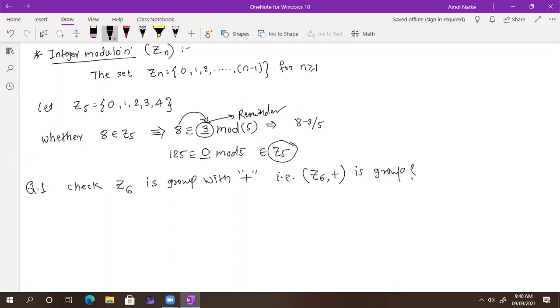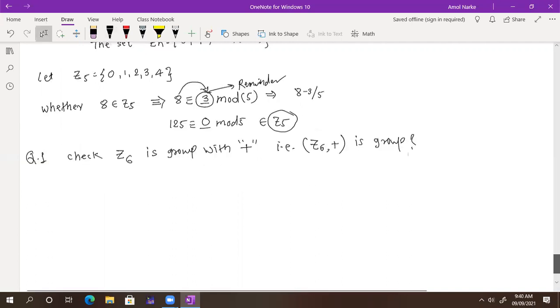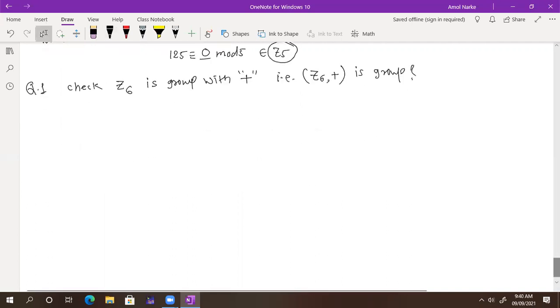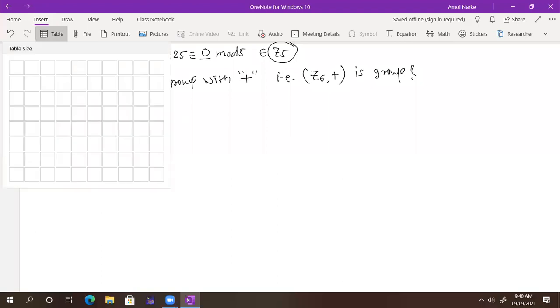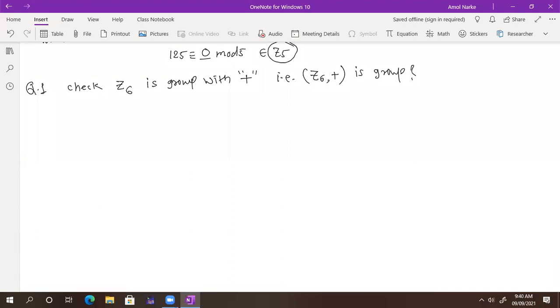Tell me how we can find out whether a finite group is a group or not. First, we need to take the set Z6.